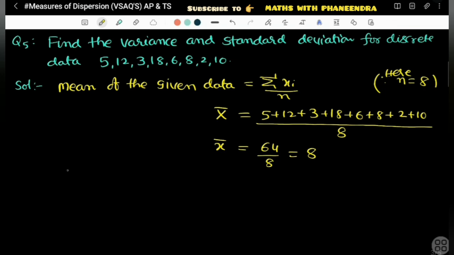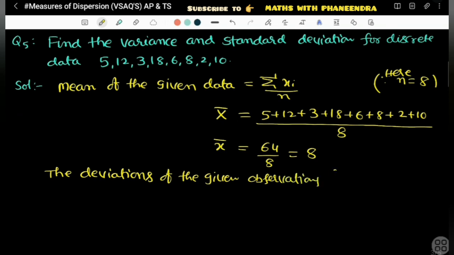After that you can calculate the deviations of the observations. The deviations of the given observations from the mean are mod xi minus x bar.